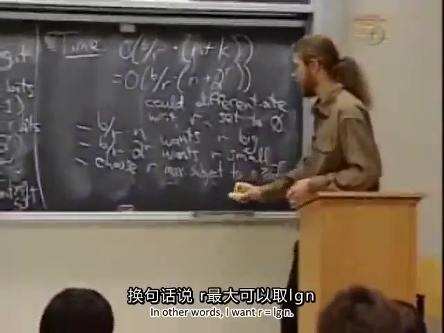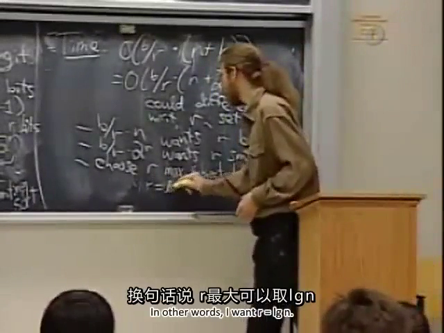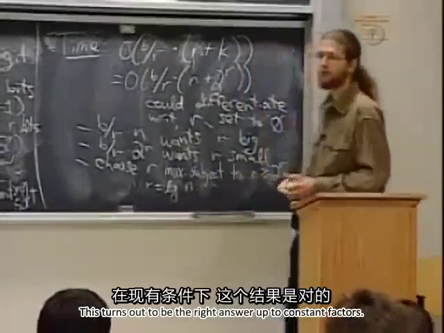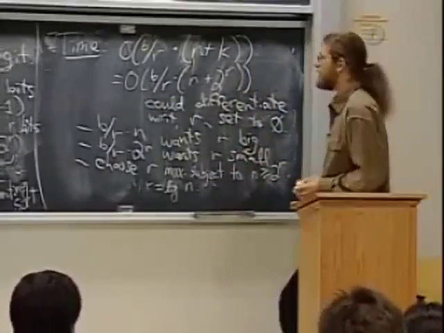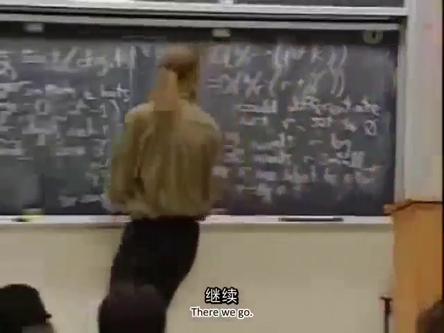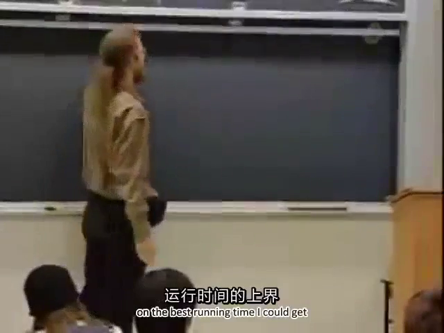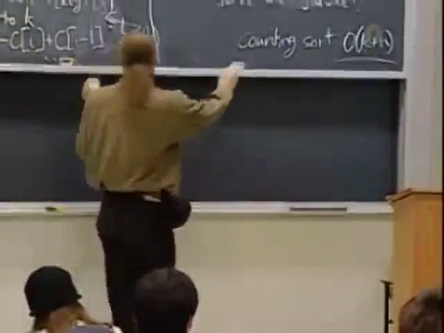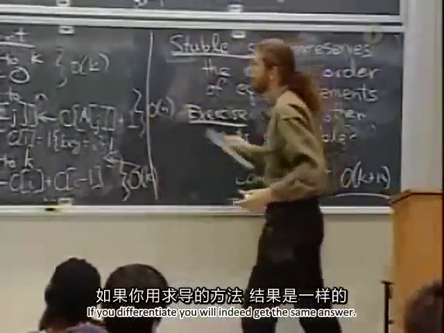In other words, I want r equal to log n. This turns out to be the right answer up to constant factors. So there we go. And definitely choosing r to be log n will give me an upper bound on the best running time I could get, because I can choose it to be whatever I want. If you differentiate, you will indeed get the same answer.